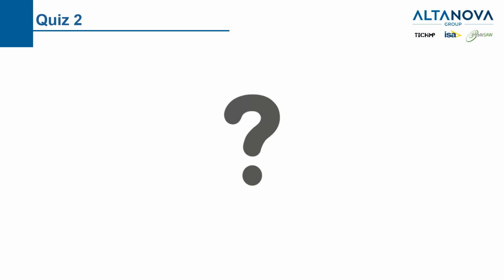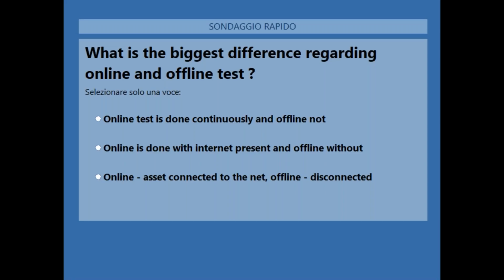Now it's time for the second question. Please, Andrei, go ahead. So thank you, Lorenzo. Now we were speaking intensely about online and offline testing. So we would like to see if you understood exactly what we meant by online and offline testing. So what is the biggest difference between online and offline tests? Is it A, online test is done continuously and offline is not?